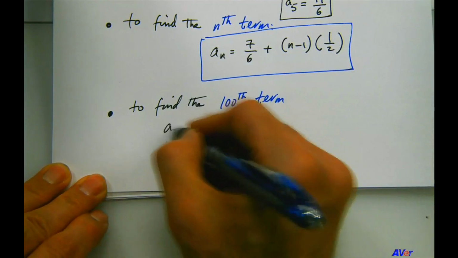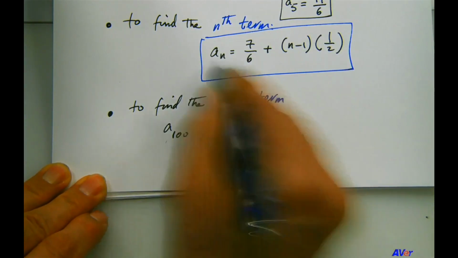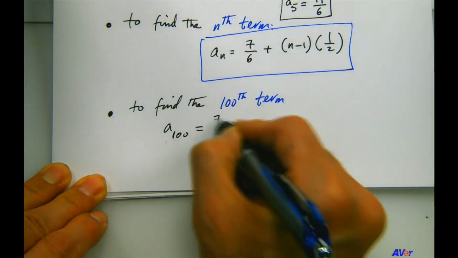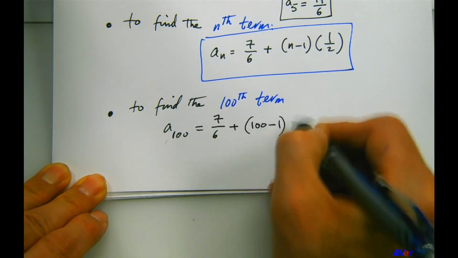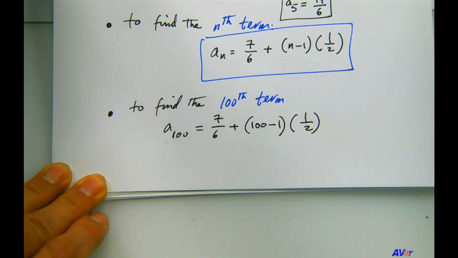We have a100, I'm just plugging in here, is equal to 7 over 6 plus 100 minus 1 times 1 over 2.